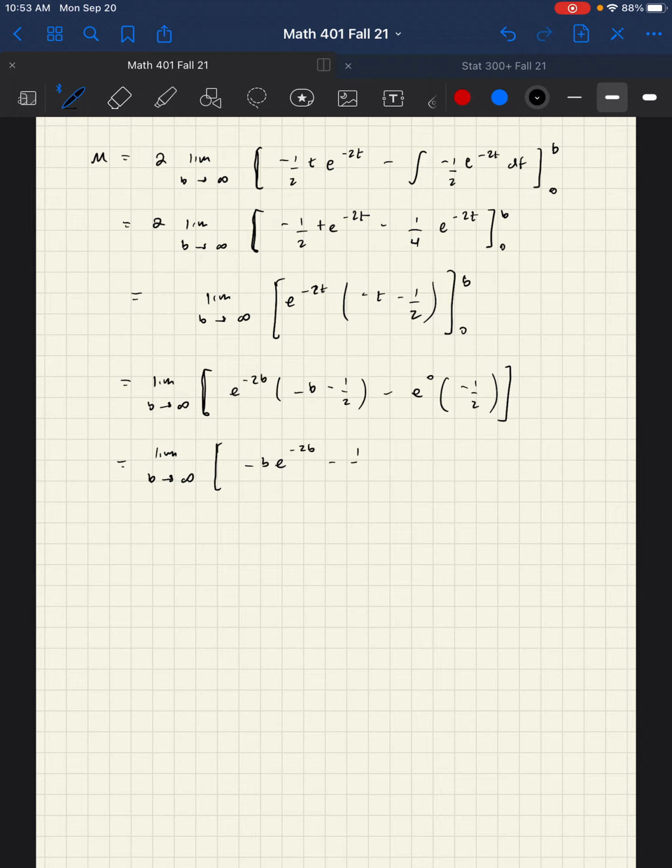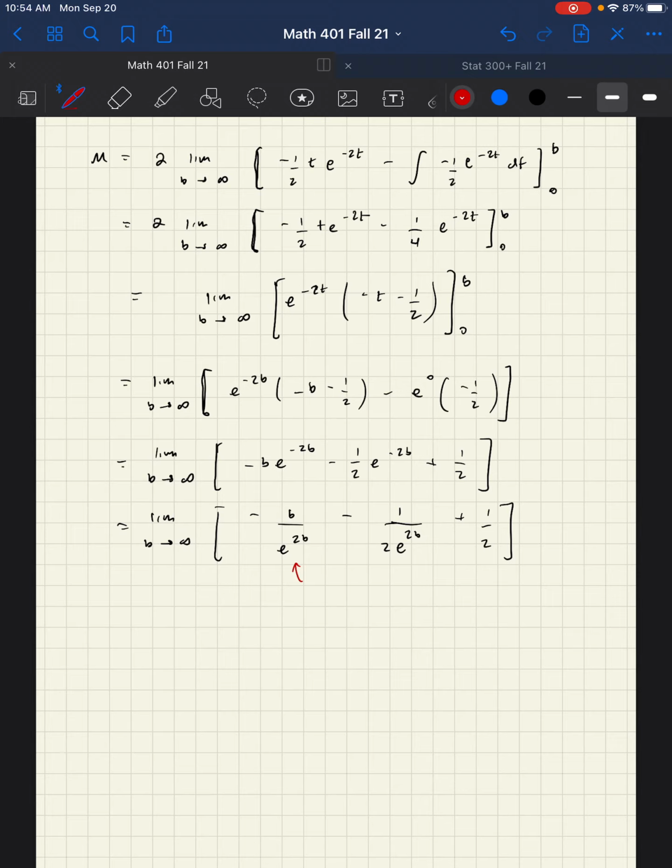So the limit as b approaches infinity of negative b e to the negative 2b minus 1/2 e to the negative 2b plus 1/2. Okay, I'm going to rewrite the negative exponents as negative b over e to the 2b minus 1 over 2 e to the 2b plus 1/2.